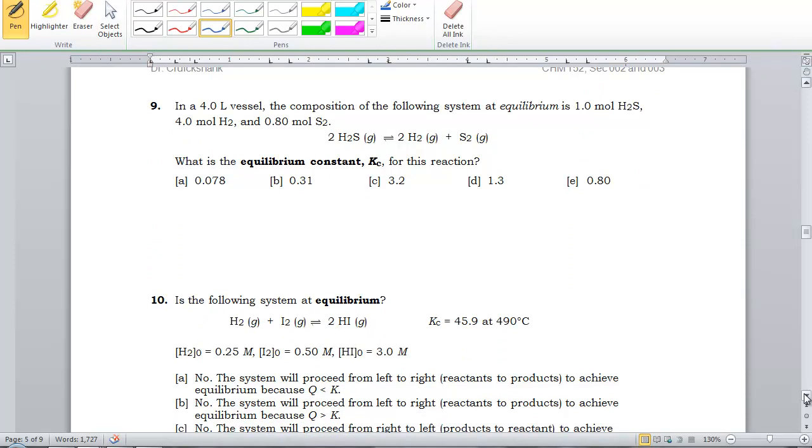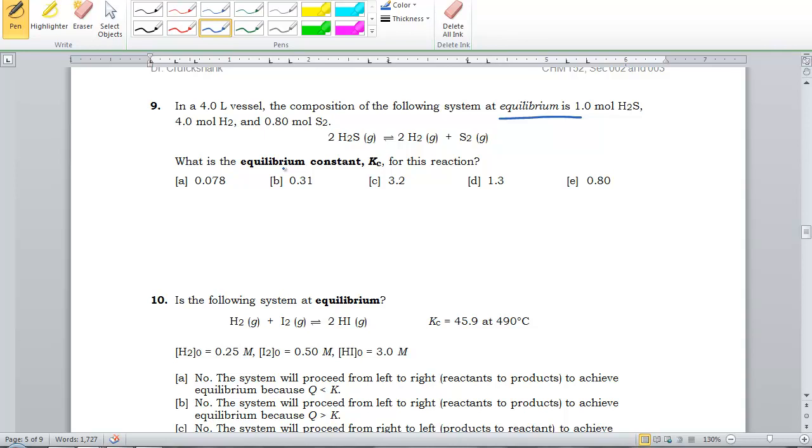Now, we're actually getting into some real calculations with equilibrium. All right, now be careful, read the problem carefully. And as you read this, the first thing that jumps out at me is it's telling you you are at equilibrium. So these are equilibrium amounts: 1 mole of H2S, 4 moles of hydrogen, 0.8 moles of sulfur.